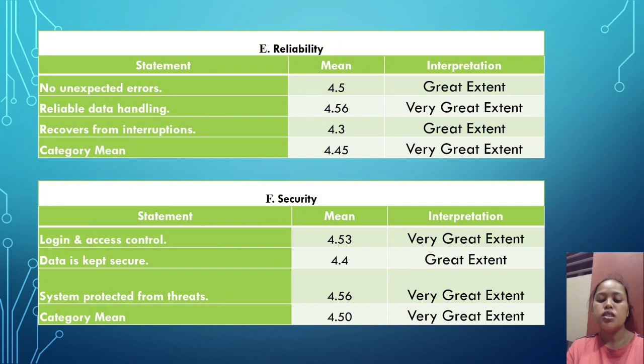In summary, overall, the system demonstrates high quality and effectiveness based on both problem identification and the ISO 25010 quality model.